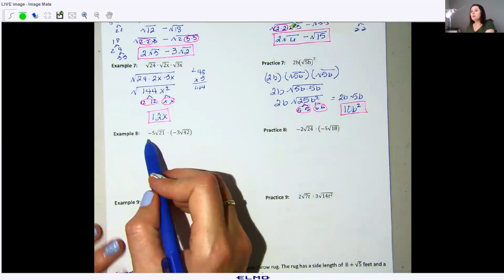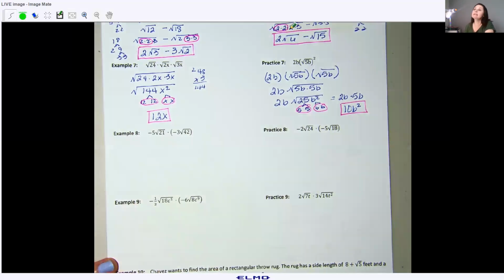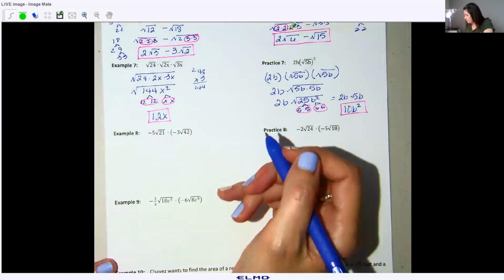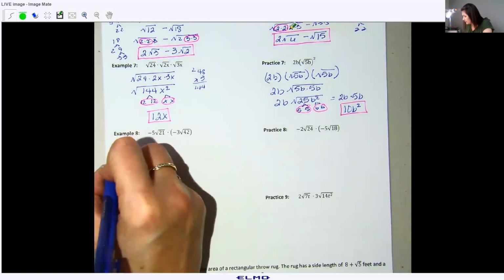So we're going back to just multiplying your coefficients and then multiplying your radicals. Now I had said sometimes it's easier to factor out what's inside the radical first and then do all your multiplying, and you can do that in this case. And so I'm going to show you how to do that. I'm going to factor out 21, and I get 3 times 7.